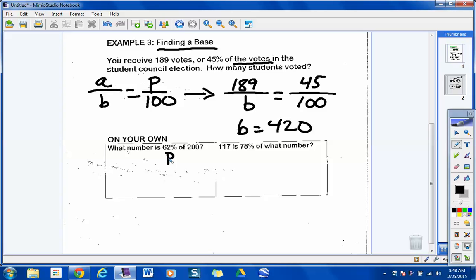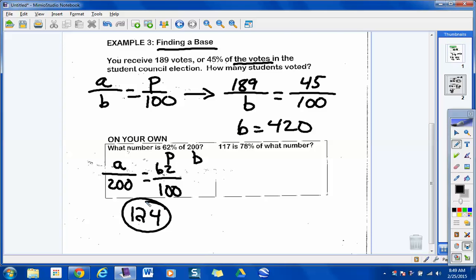So I'm going to say A over 200 has to equal my percent P, 62 over 100. What did you guys get for this first one? 124. Okay, so my value would be 124. I agree. Very good. How many agree 124?